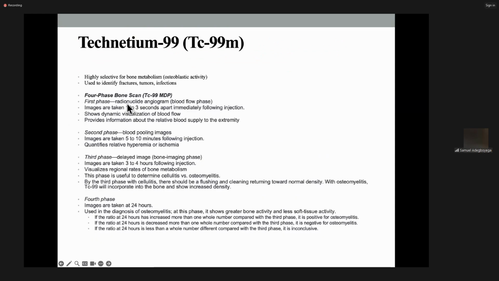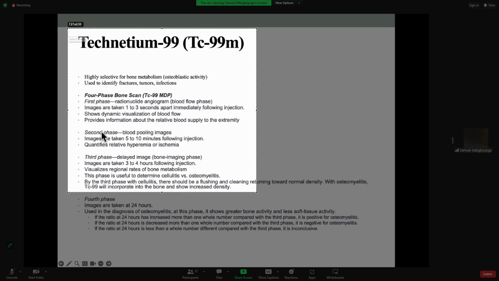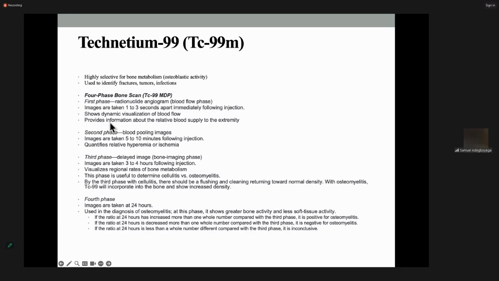We discussed this in Medical Imaging 1: four phases of technetium, first phase, second phase, and third phase. When it comes to stress fracture, which phase will be positive? First, second, third, or all of it? With stress fracture, which phases will be positive?